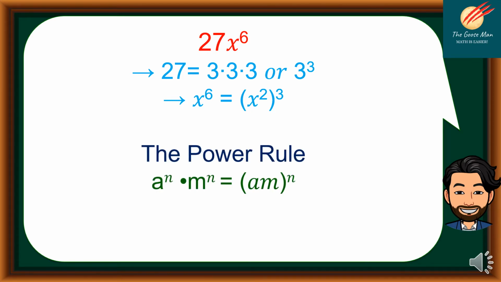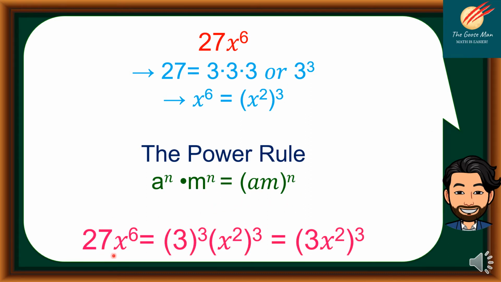Take note that if we apply the power rule of the laws of exponents, where a to the n times b to the n can be expressed as ab raised to n, then 27x to the 6th power can be expressed as 3 to the third power times x squared to the third power, or 3x squared to the third power.